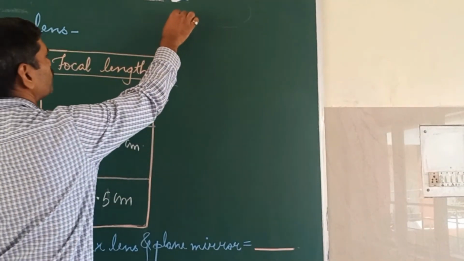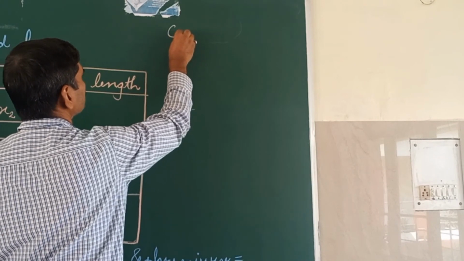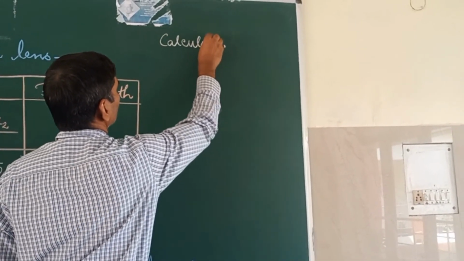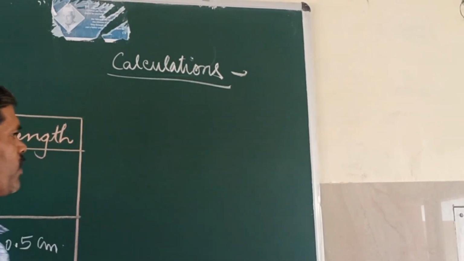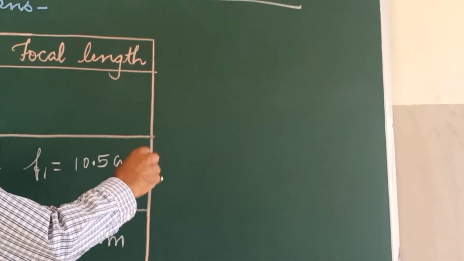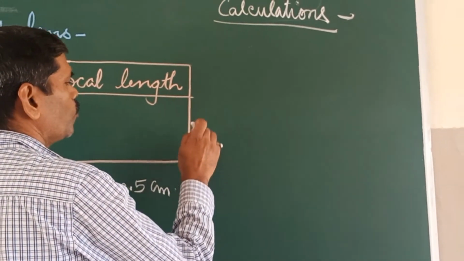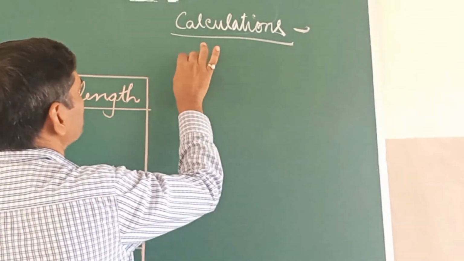Now see the calculation for refractive index. For the calculation, we need the radius of curvature r of the lower surface of the convex lens.